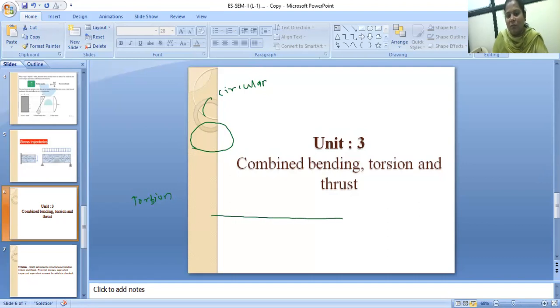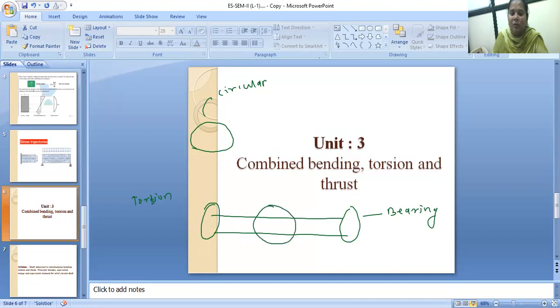Suppose this is our circular shaft and this shaft is held or fixed by these bearings. Suppose on this shaft, this is one pulley or wheel, and here chains are provided. By using these chains, we will apply load. Whenever we apply load, this wheel will rotate.